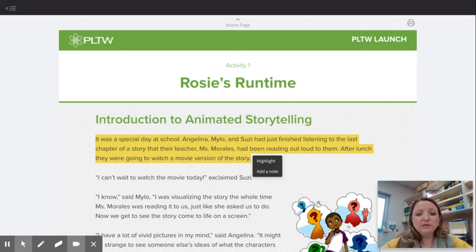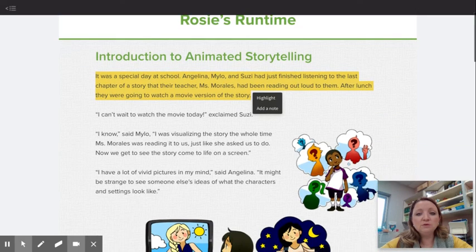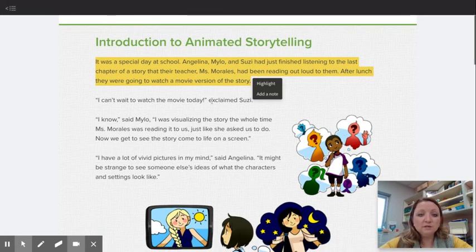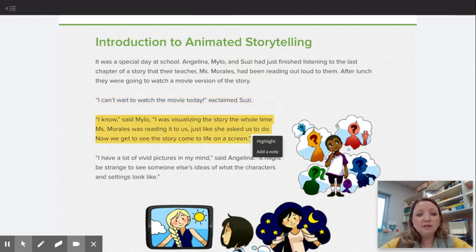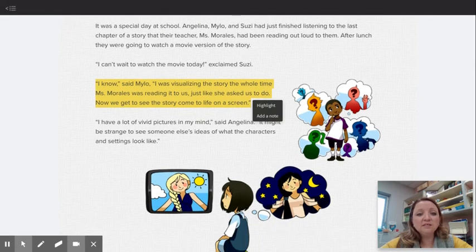So it was a special day at school. Angelina, Milo, and Susie had just finished listening to the last chapter of the story that their teacher, Miss Morales, has been reading to them out loud. After lunch, they were going to watch a movie version of the story. "I can't wait to watch that movie today," exclaimed Susie. "I know," said Milo. "I was visualizing the story the whole time Miss Morales was reading it to us, just like she asked us to do.